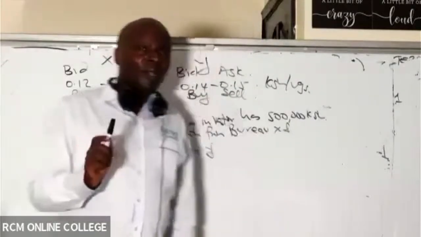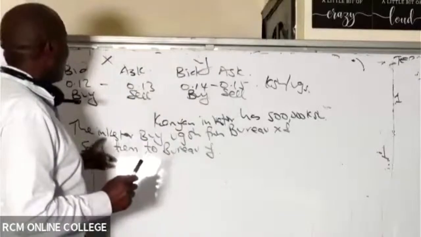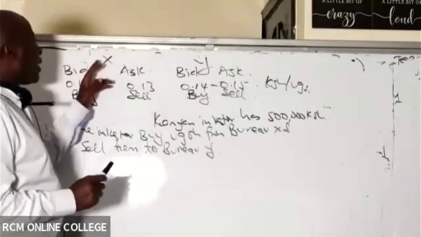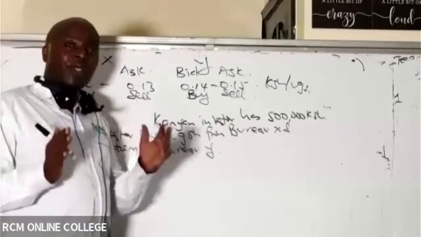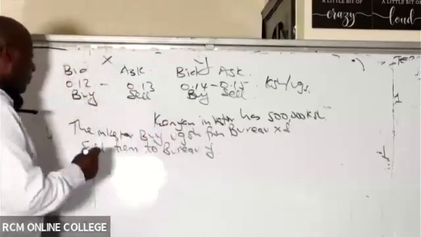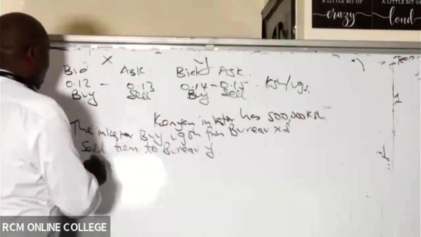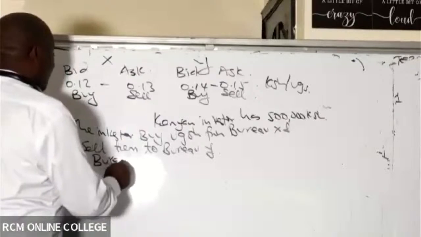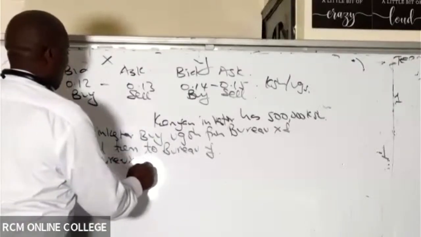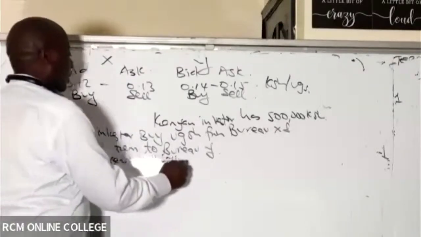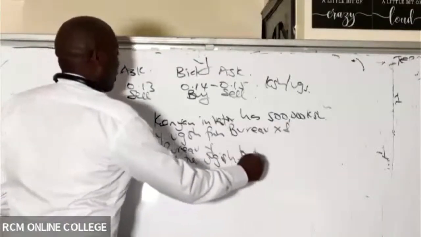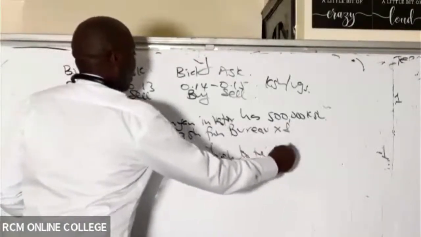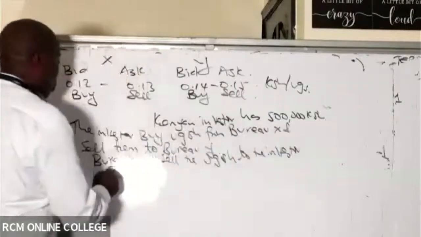So in this case here, the investor is going to buy Uganda shillings from X. So who has this foreign tradable thing? It is X. So Bureau X will sell the Uganda shillings to the investor at what rate?